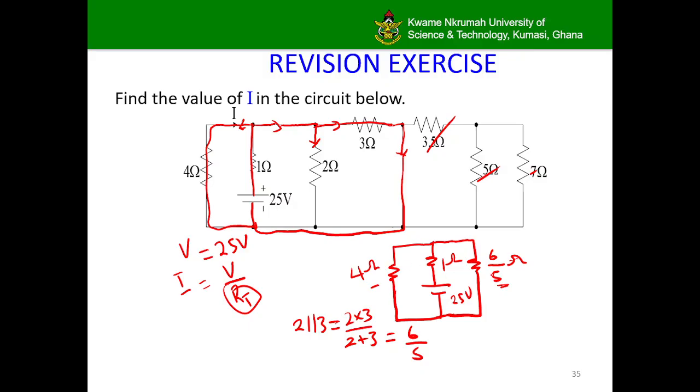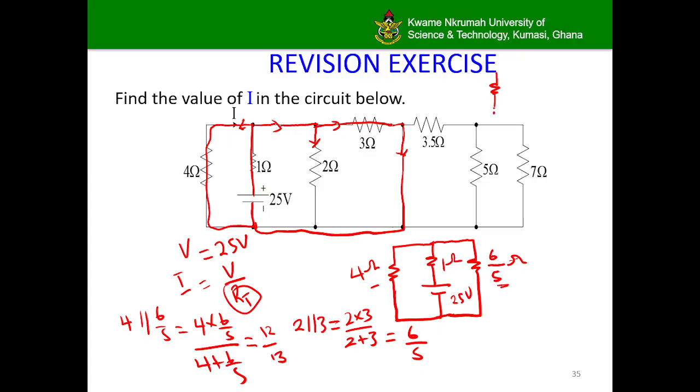So we have 4 in parallel with 6 over 5, which is 4 times 6 over 5 over 4 plus 6 over 5, and this resolves to be 12 over 13. And so if we draw the circuits up here, this is how it will look like.